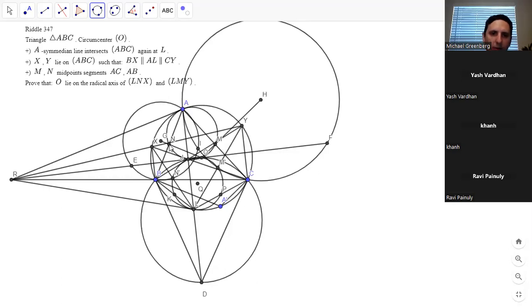Well, this we know is cyclic. And we want to show GNMH is cyclic.